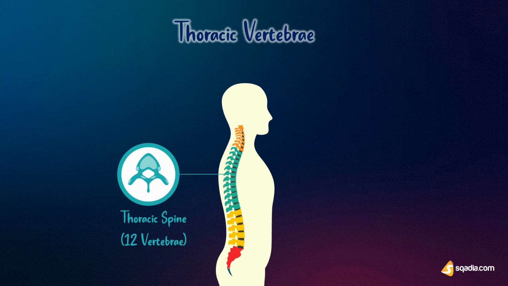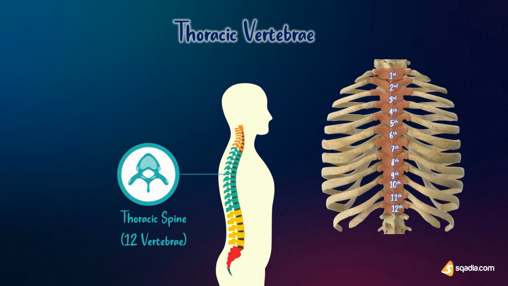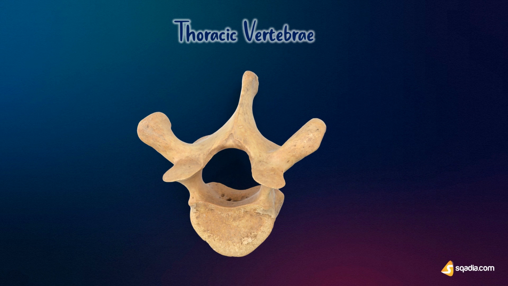Now, moving forward towards the thoracic vertebrae, there are 12 thoracic vertebrae in total. You can see here. They are situated in the middle of the vertebral column, with intervening intervertebral discs in between. Normally, only the thoracic vertebrae carry ribs, and these vertebrae have unique structures for that purpose.